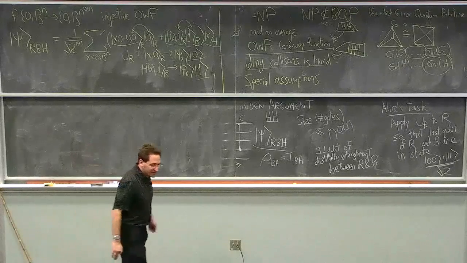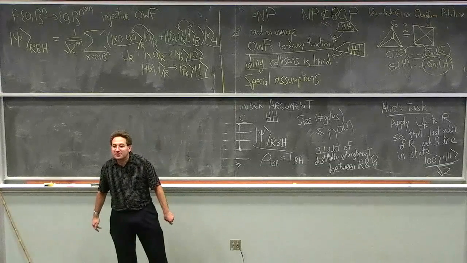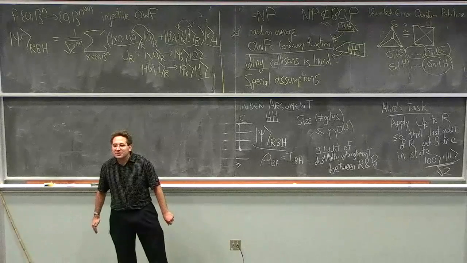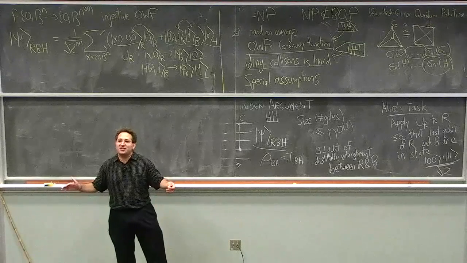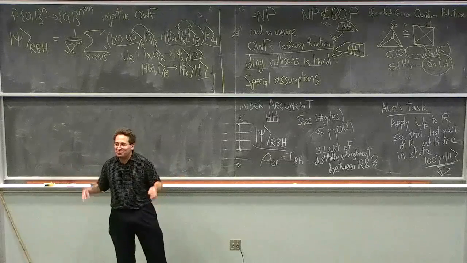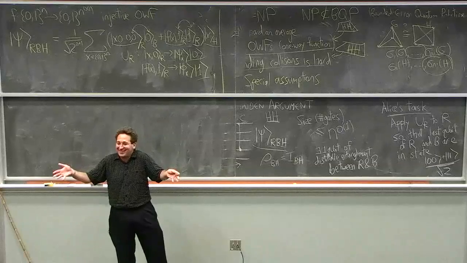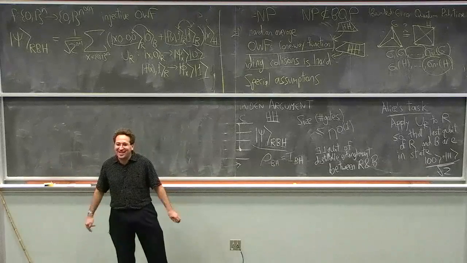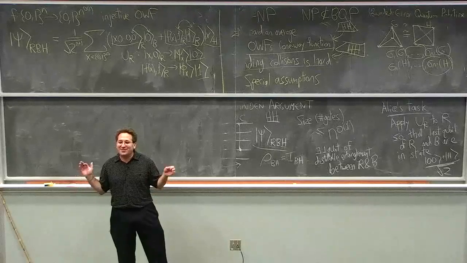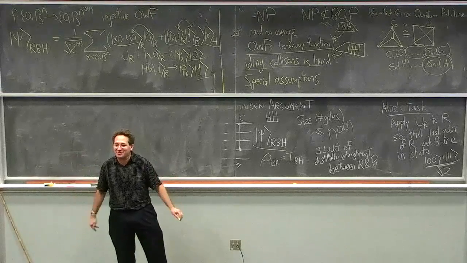Sure. It could be that once M theory is known, it has some special property that makes the problem easy. Not knowing M theory, I can't tell you that. Nothing I say can rule that out. All that I can tell you is that if the dynamics are sufficiently scrambling, then you would generically expect the problem to be hard.